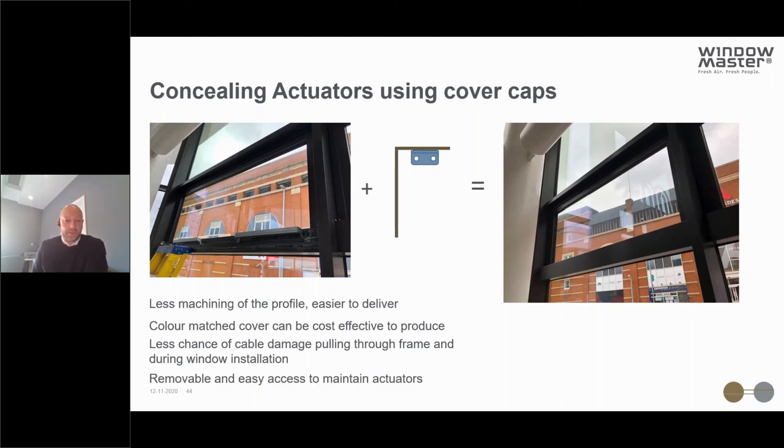It helps to conceal the actuators, but also the cabling, and it means that should you ever need to access those actuators or cabling for maintenance, you clip off the profile, you can do the work that you need to do, and then you pop it back on. And it's often a really nice, neat, cost-effective solution. And there's also less chance of cable damage pulling cables through frames and during window installation.